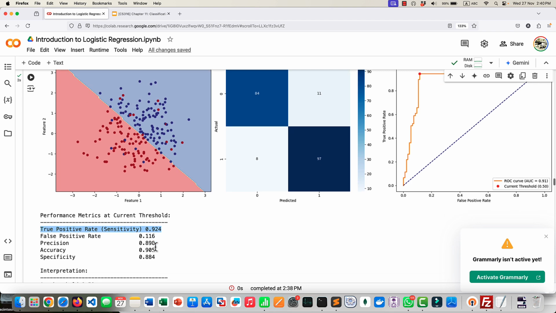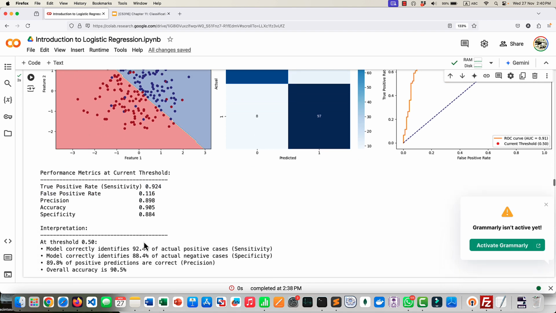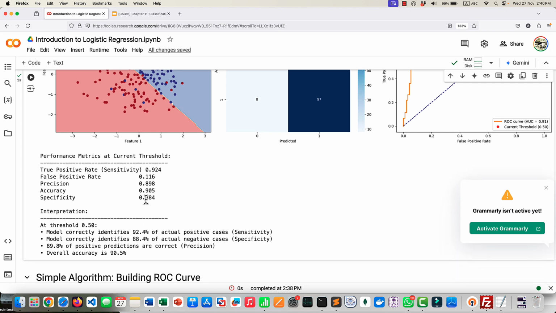Try to follow here. And false positive rate, it's small. It's 0.1106. This is the precision, the accuracy, and the specificity. So all of these are performance metrics for the 0.5 threshold.